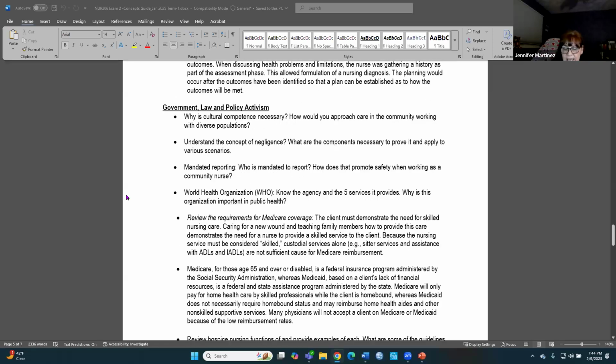When we look at nursing itself and what governs nursing, we do have the state boards of nursing. Every state has an individual state board of nursing.